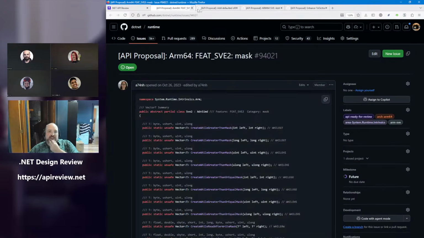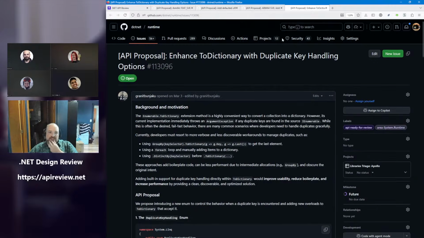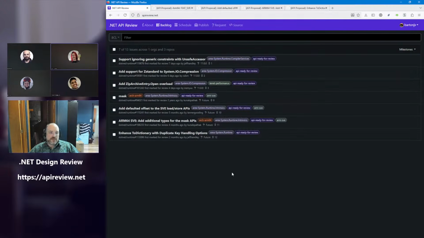Okay, and I assume we don't want to talk about anything from future, which is ARM64, ARM64, ARM64, and a change for linked to dictionary, because I don't think we have the people or time for these. Yeah, I think the ARM ones will probably take a little bit longer just because of all the context that has to be explained for them. Yep.